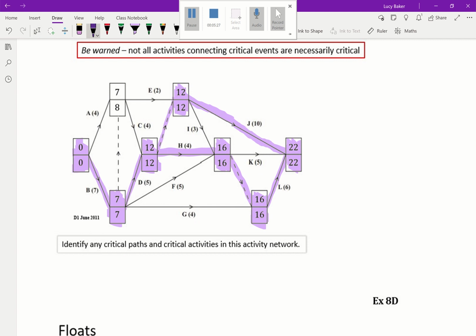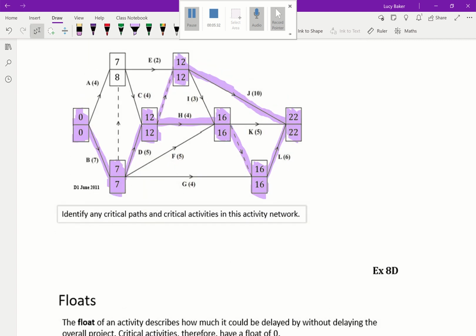Okay, so the critical activities are going to be B, D, just reading the path from the diagram, H, J and L. Okay, and the critical paths are as drawn on the diagram.